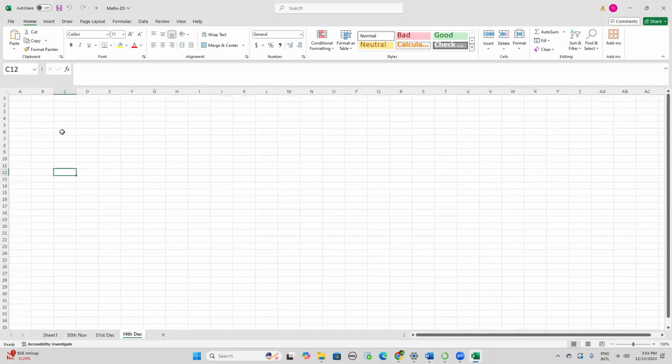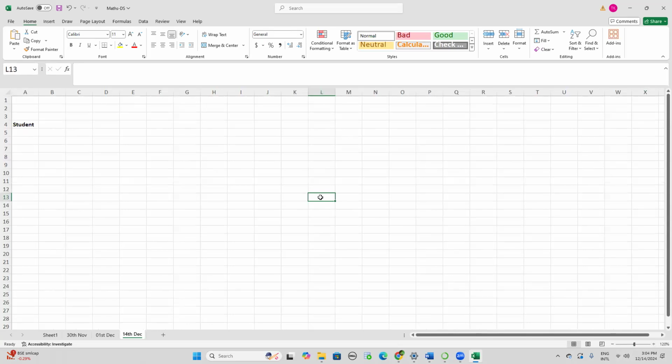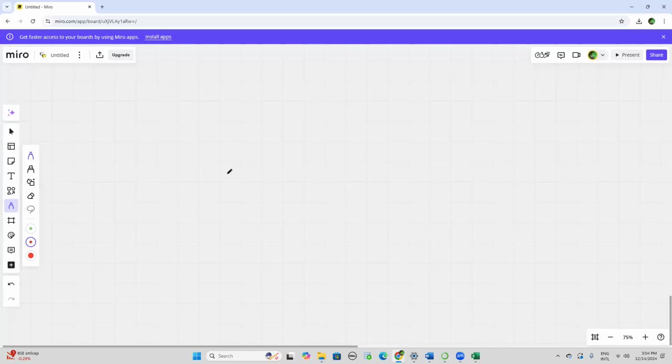Okay, suppose let's say I have a student table. Let me write it here. Let's say I have a student table here. Okay, and in this table, this is the name of the student, and this is the score in mathematics.